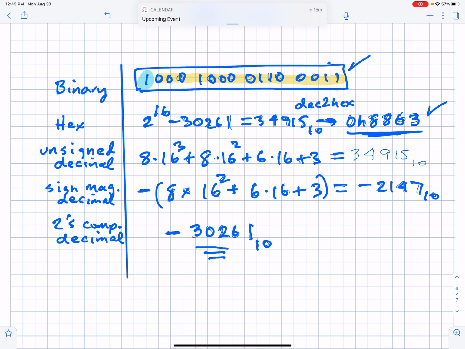Plug that all in, I get 34,915 base 10. Okay, so those are some examples. You should be able to take any place on this table and convert that up to the binary register and interpret that in whatever way, one of these other 3 or 4 choices, you should be able to do that. Okay, hope that helps.